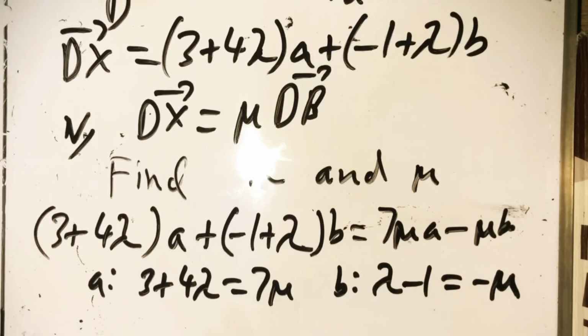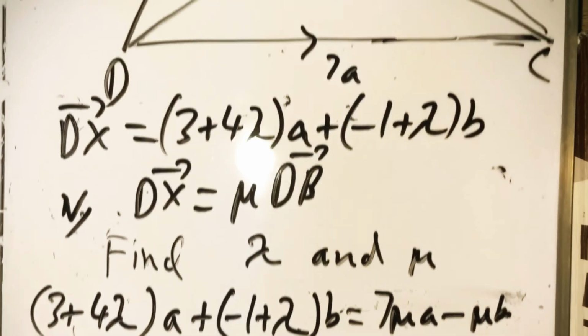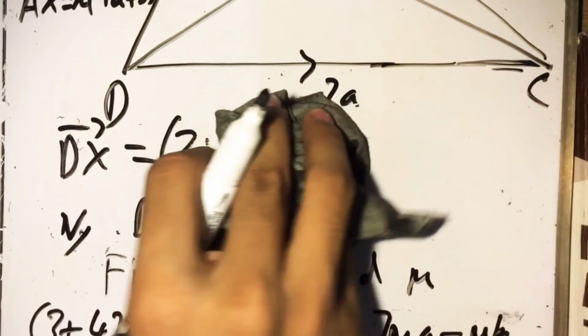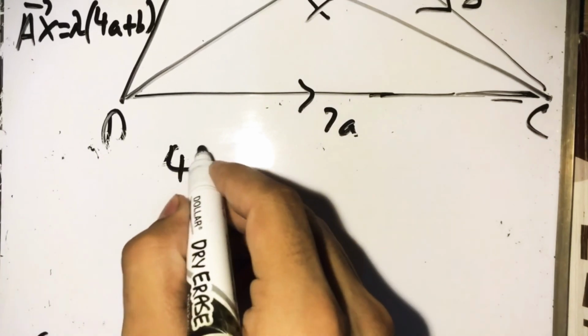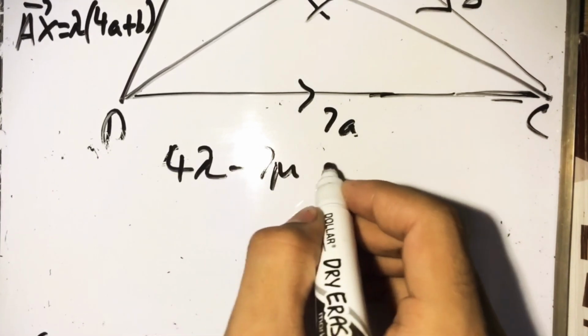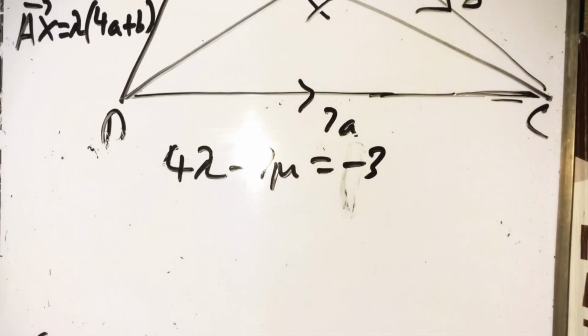So now we've got two equations that we'll solve simultaneously. First we'll simplify these, so 4 lambda minus 7 nu equals minus 3, and lambda plus nu equals 1.